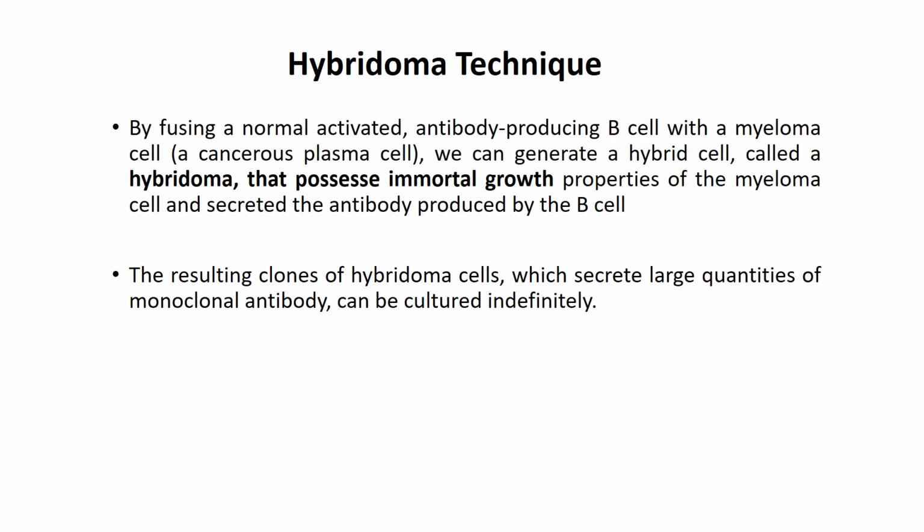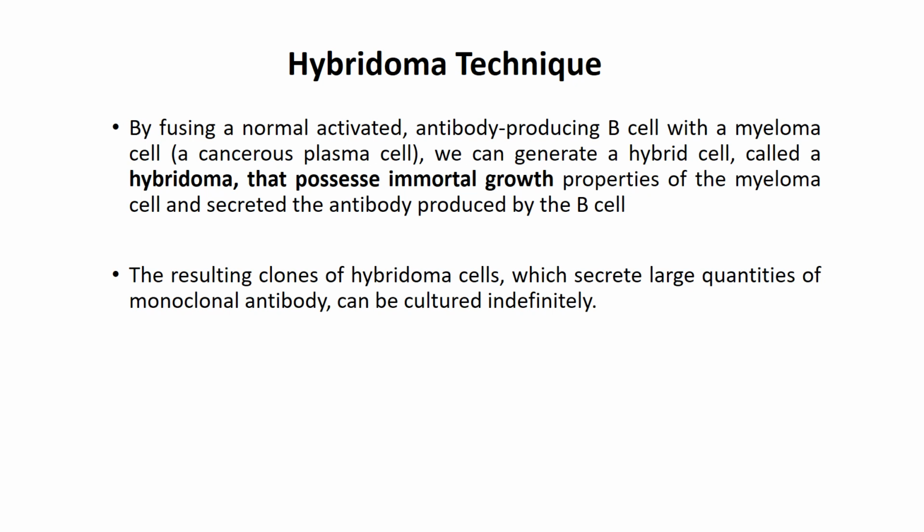Just briefly touching upon hybridoma techniques. In general, what is a hybridoma? A hybridoma is a hybrid B cell that is a mixture of an antibody producing B cell and a myeloma cell, which is a cancerous plasma cell. Once those two are fused, that creates a cell type called a hybridoma, and it has unstoppable growth, or it's immortal basically.